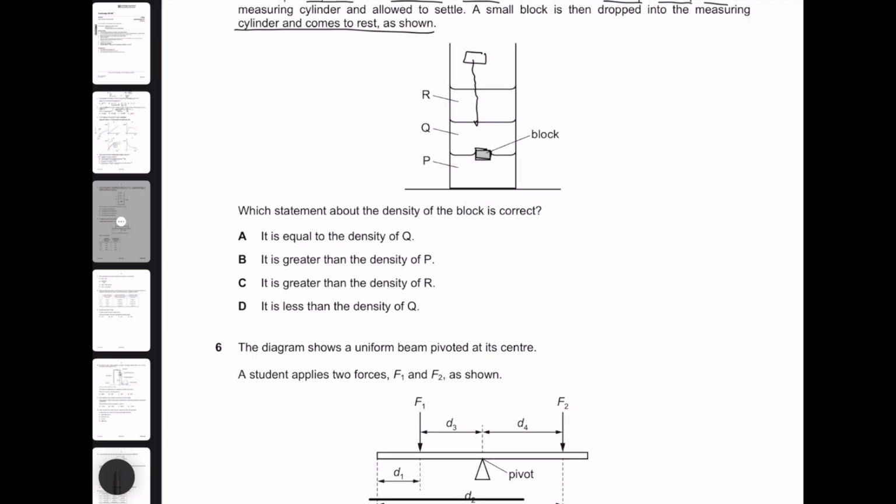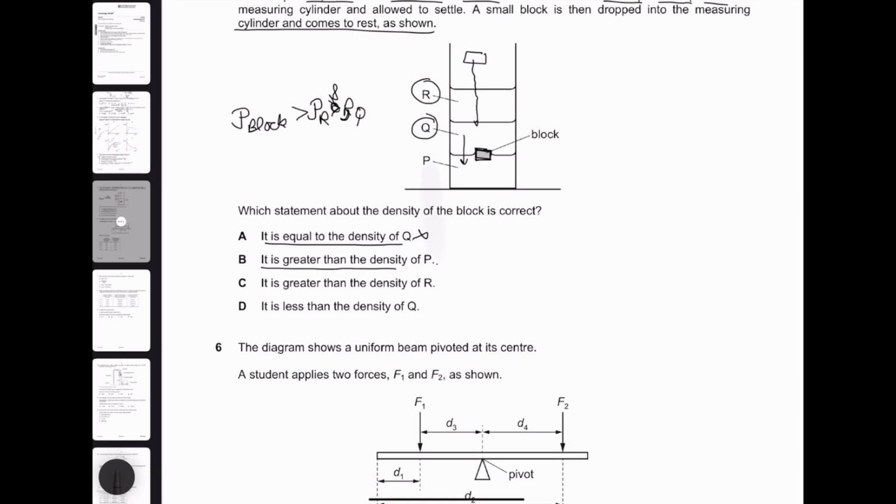What it simply means is that the density of the block is at least greater than the density of R and the density of Q. It's only then it is able to move to a level further below Q and R, right? So is it equal to the density of Q? No, it is larger.